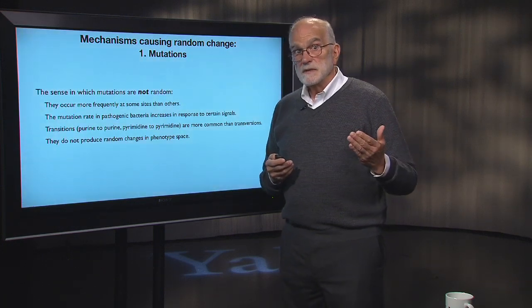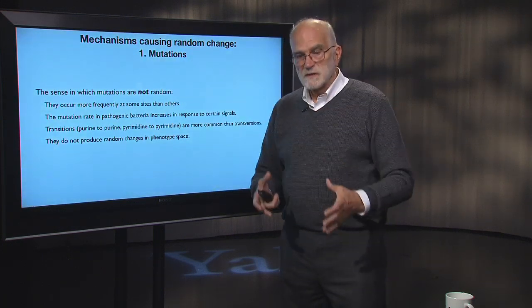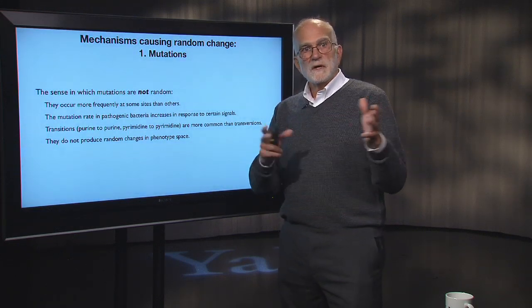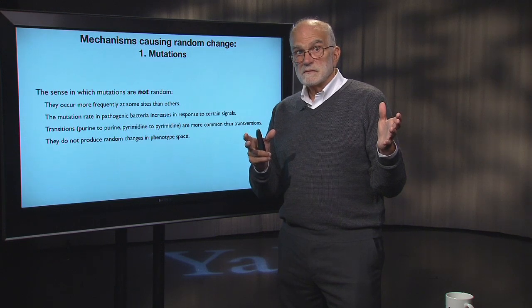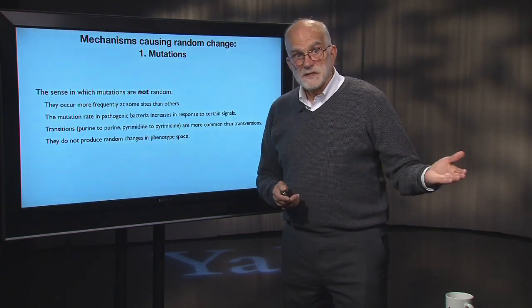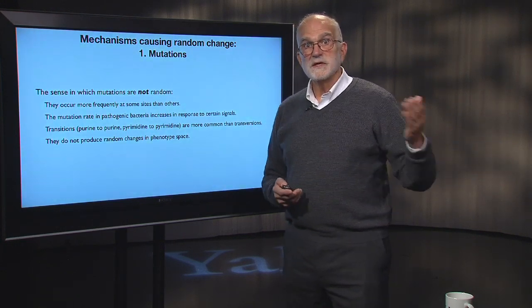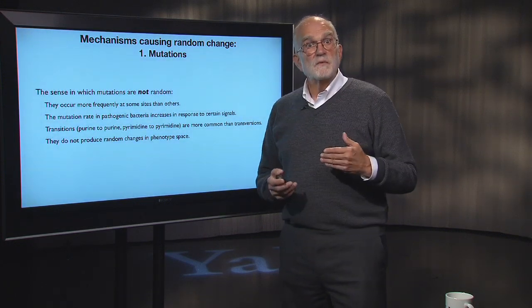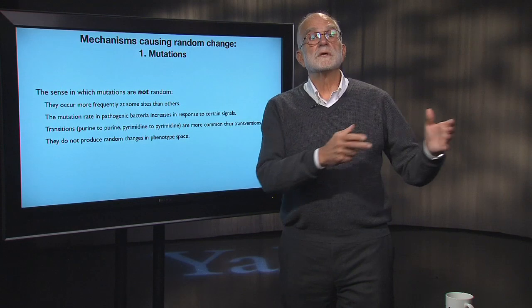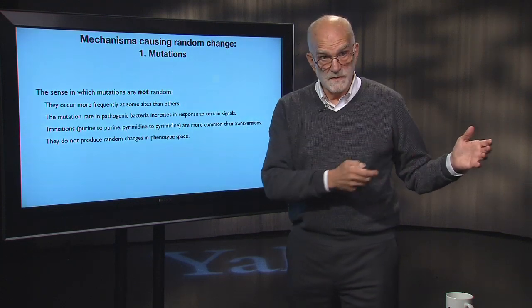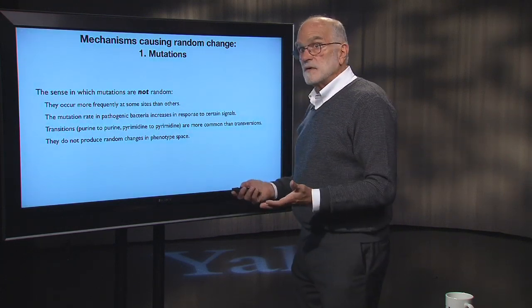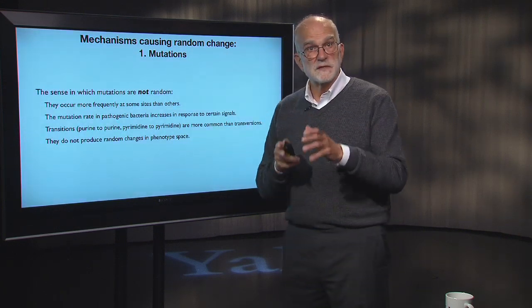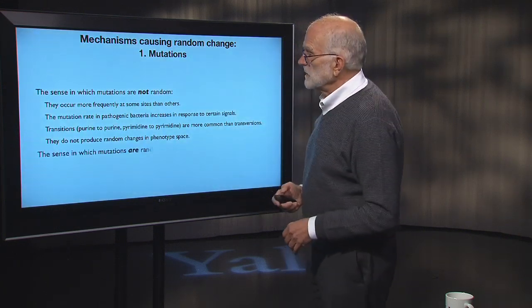And that is because we have a basic developmental structure which is preventing all kinds of variation from being expressed. Insects can mutate into things that look like insects, and mammals can mutate into things that look like mammals, but we can't have a mammal suddenly acquiring a pair of wings or something like that. That is very unlikely. So mutations are not random in phenotype space in the sense in which I just described.